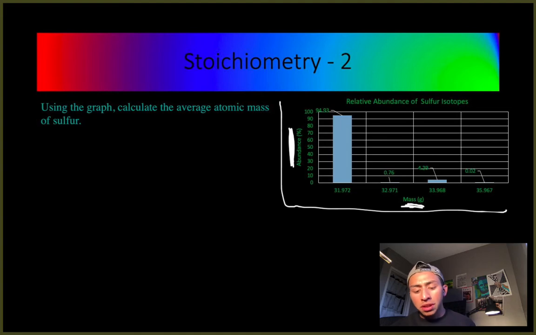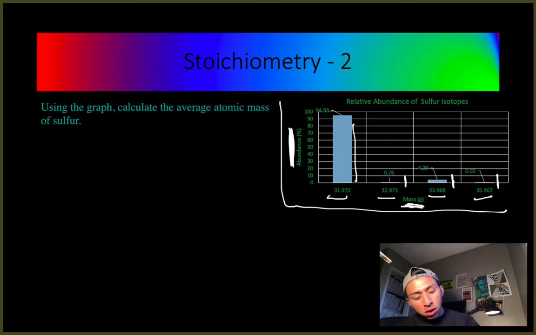The title of this graph is relative abundance of sulfur isotopes. Hence, each of these little bars is representative of an isotope, and each of these masses down here are the four different masses of the four naturally occurring isotopes of sulfur. So it's almost as if we were provided the data in a chart.